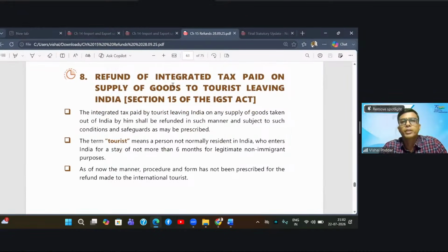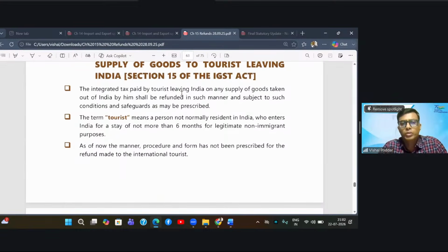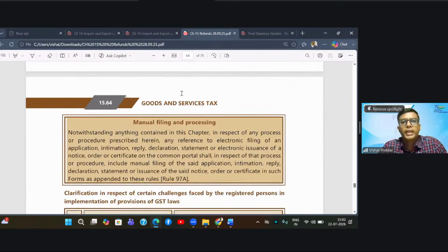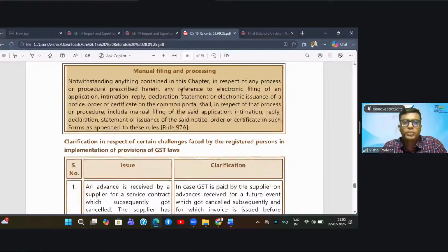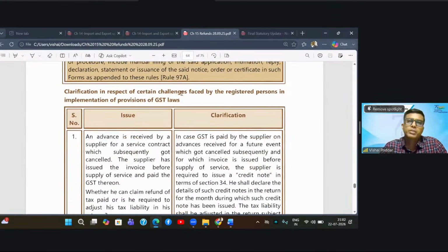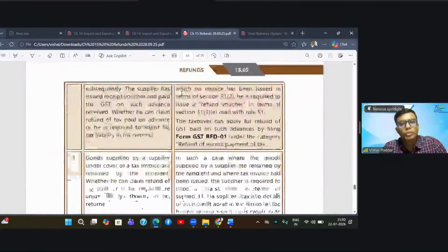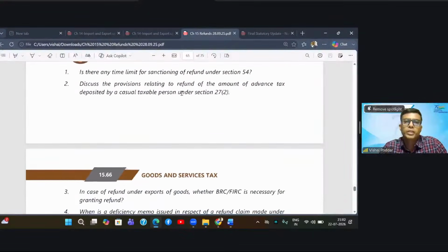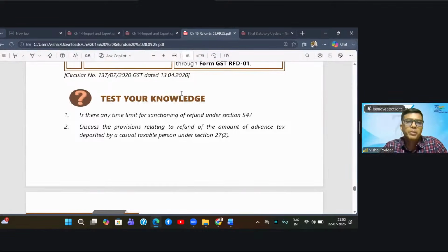And last is refund of integrated tax paid by a tourist. So whenever a tourist has come to India and the tourist makes any purchasing from any Indian shop, the tourist has to show his foreign visa, and on that basis, the Indian shop will issue an invoice to the tourist, and whatever tax the tourist has paid, that tax will be refunded back to the tourist at the time of its leaving India, where at the port or airport, it will show to the customs authorities the invoice and the goods which the tourist had purchased, and that it is taking these goods out of India.